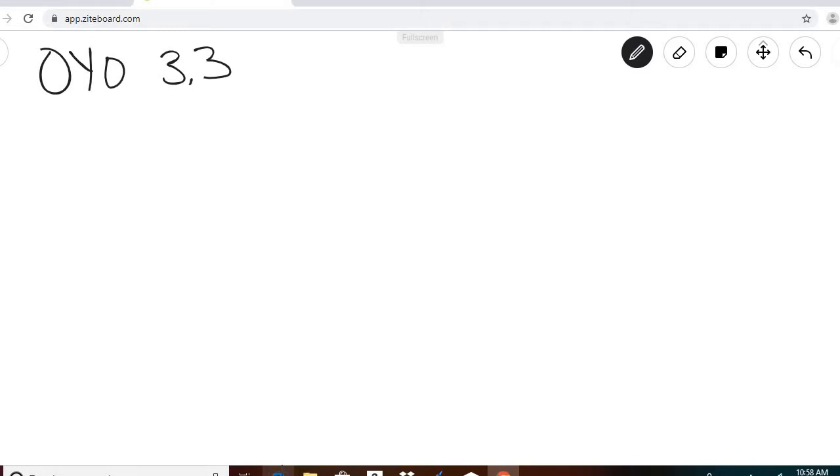Okay, and then let's look at On Your Own 3.4. It says if an airplane travels at an altitude of over 4 kilometers, it is required to have a special oxygen supply for the pilot.